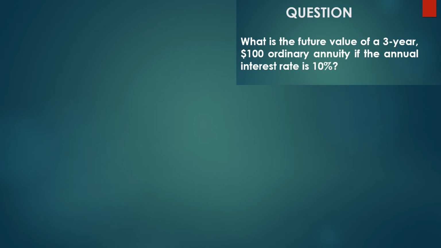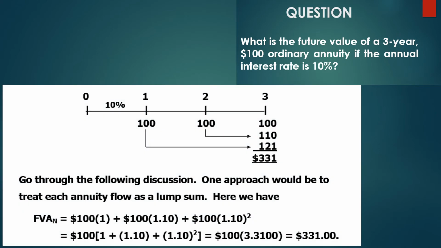That means it is not only a one-time payment of 100, but rather periodic payments of 100 for 3 years. So we have here an illustration, a timeline. At the end of year 1, we receive 100, year 2 another 100, and year 3 100.